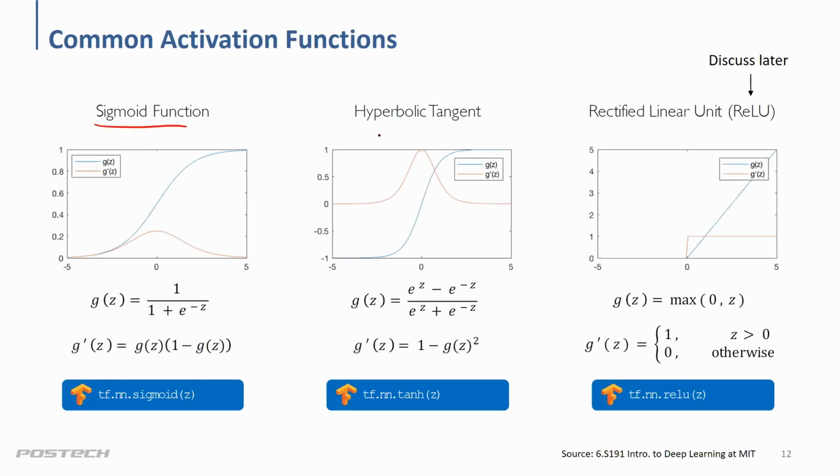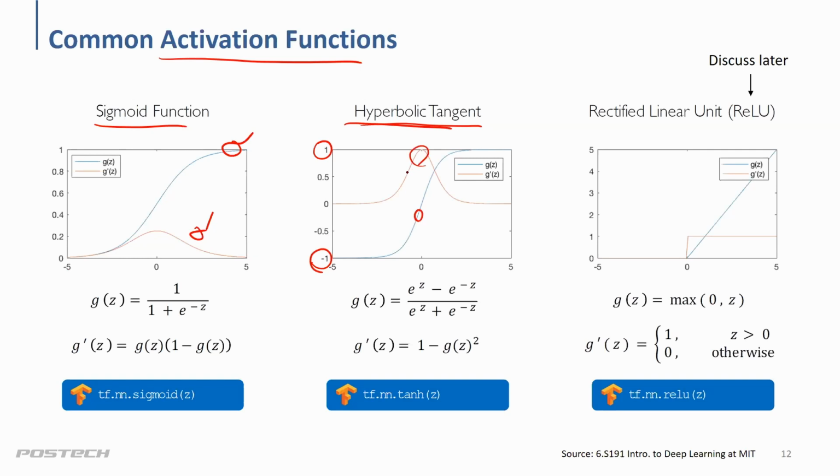And we don't have to use sigmoid functions. We have a lot of different activation functions. This one is sigmoid, and another one, from -1 to +1, is the hyperbolic tangent, and if we take the derivative, it will be like this.